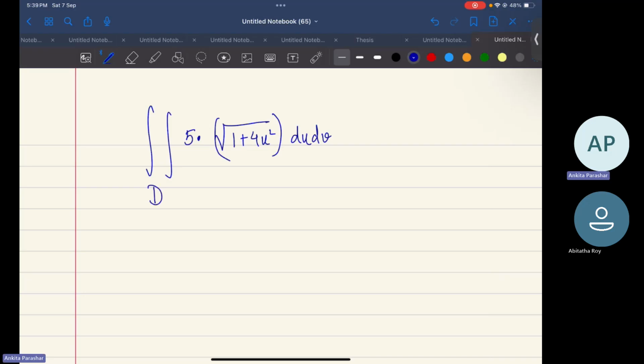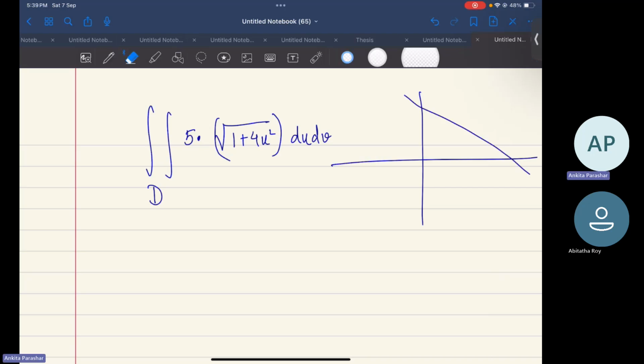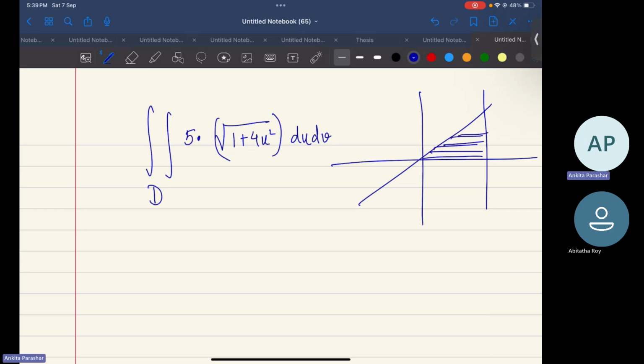Your region is D, which we just saw. I'll draw it again: from 0 to 2, this is your V, this is your U, and this is the line V equals U. Can you solve it and tell me quickly what that would be?